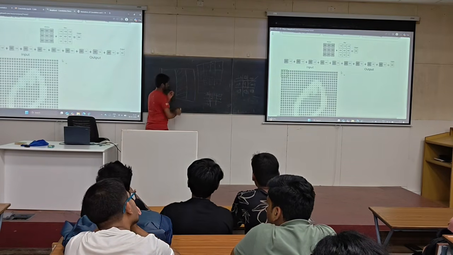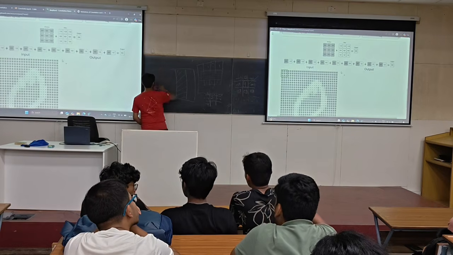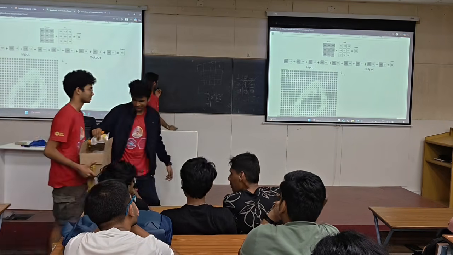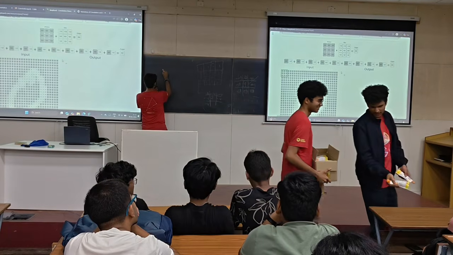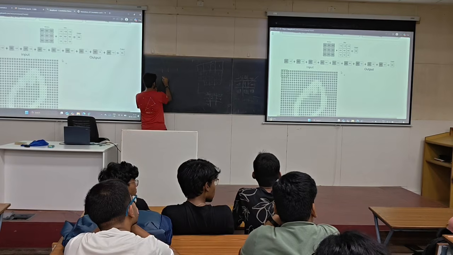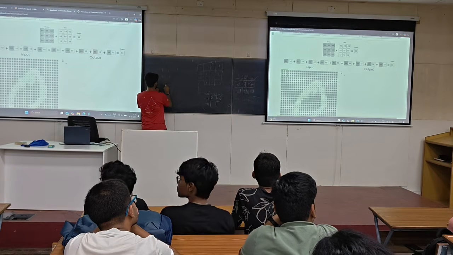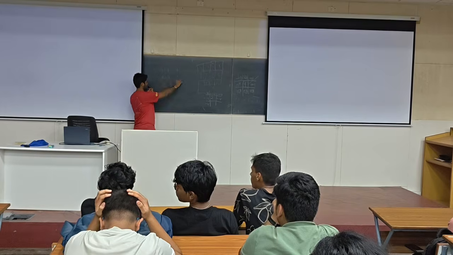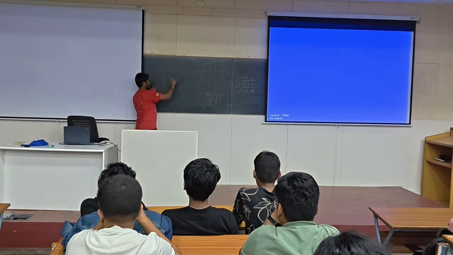Say I have something like 1, 1, 1, then 1, 1, 1, and 3, 3, 3, something like this. So this is kind of an edge. Over here there is a different color.